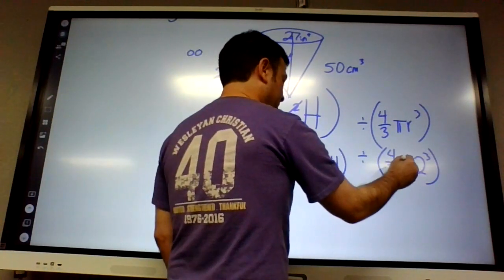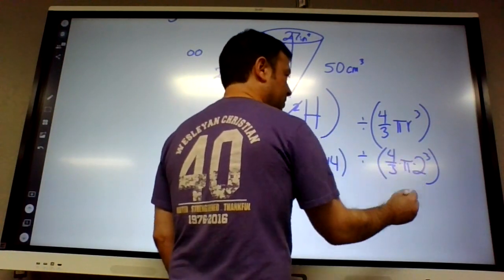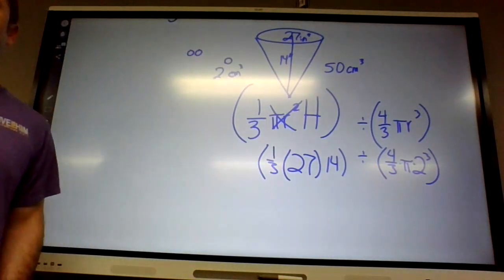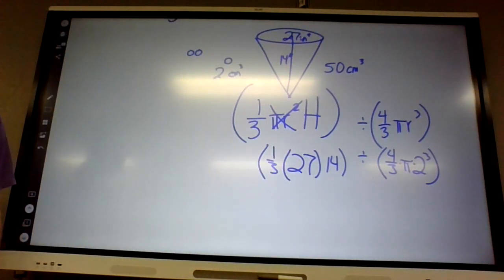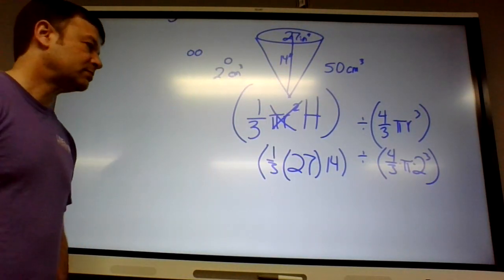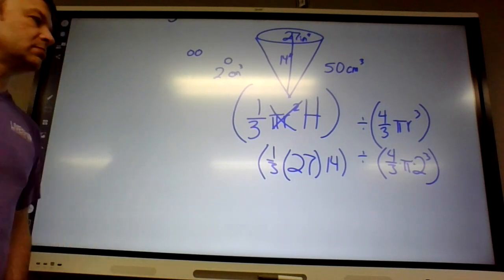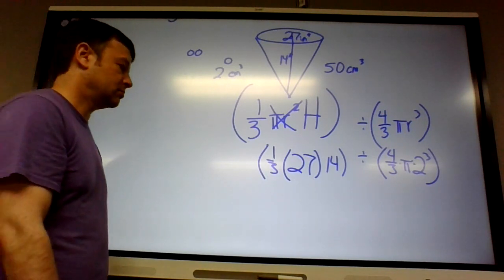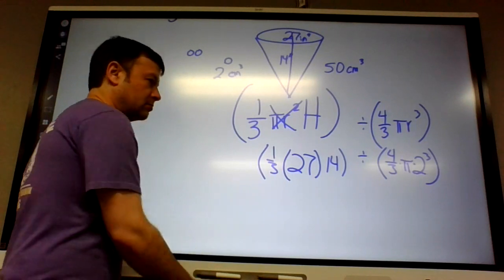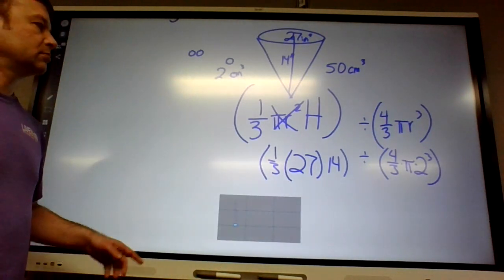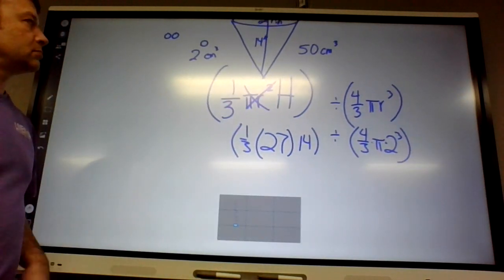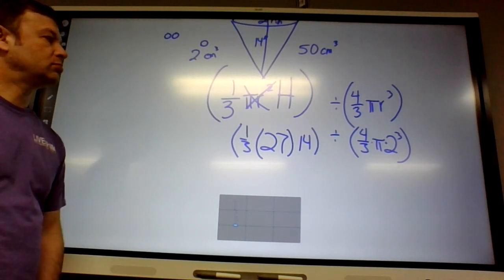Should we plug pi in or not? Yes, we should plug pi in, because we want an actual full number so we can divide this right. What do you want us to round?